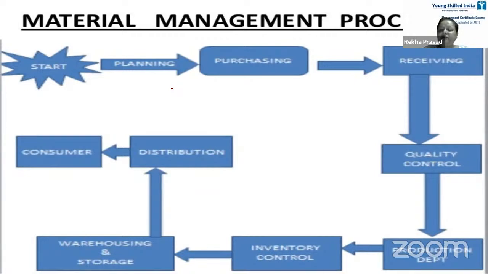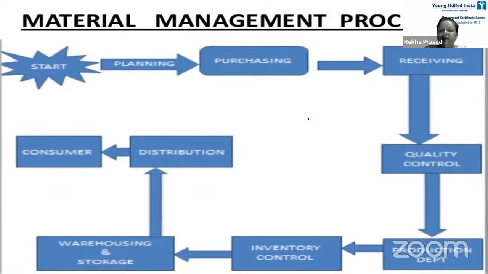Then after the purchasing, you receive that. Then you have to see. When you are receiving it, you have to inspect it and see it is received in the way in which the organization wants.